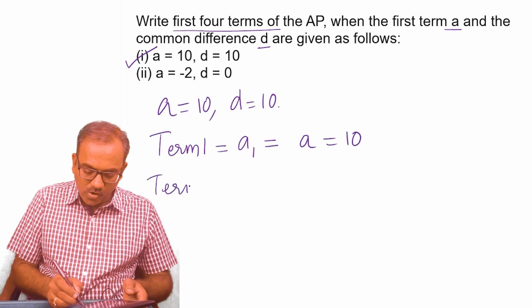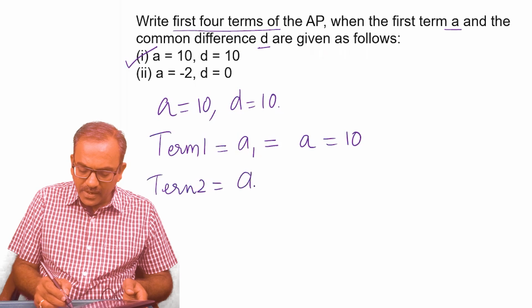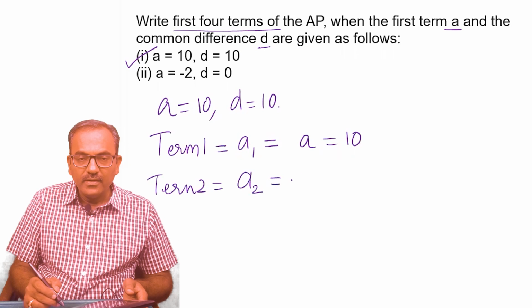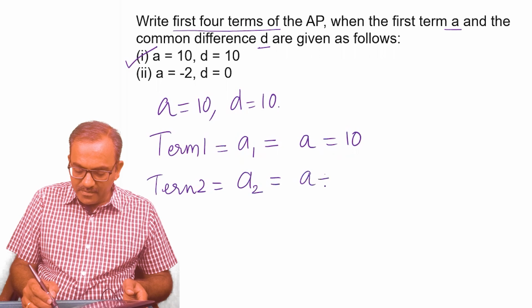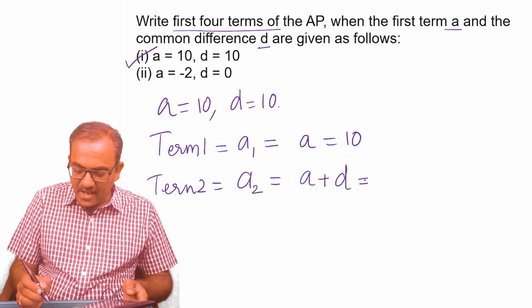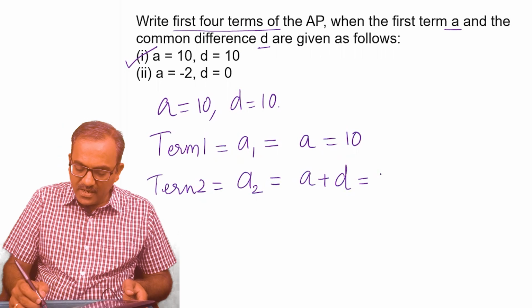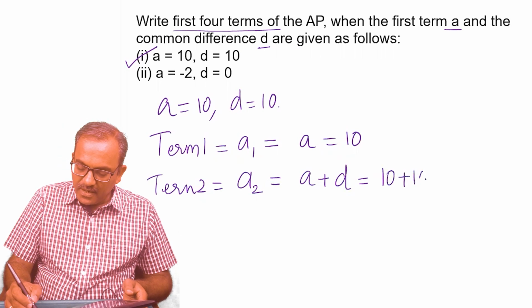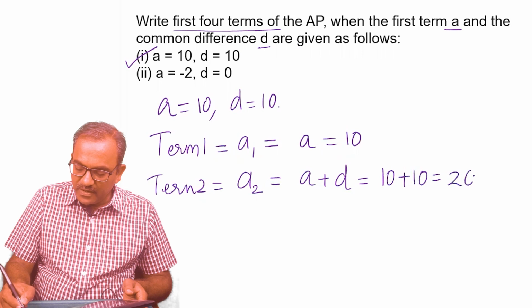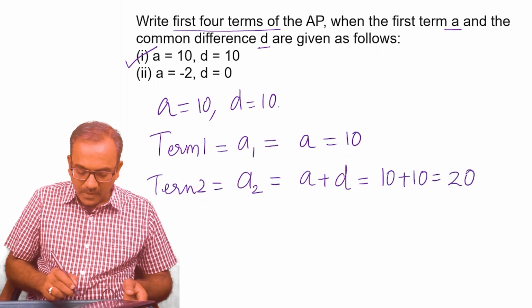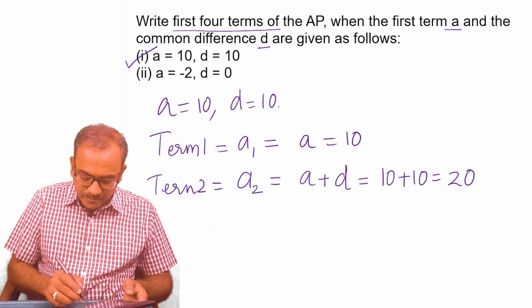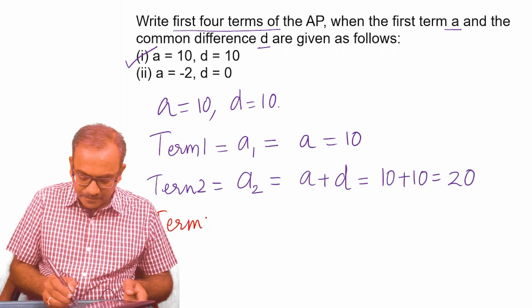Now, let me move on to term 2. I call this term 2 as A2, and in the term 2 I have A added to it D, correct? A plus D, then it becomes 10 plus 10, which is equal to 20. Now, let us move on to term 3.